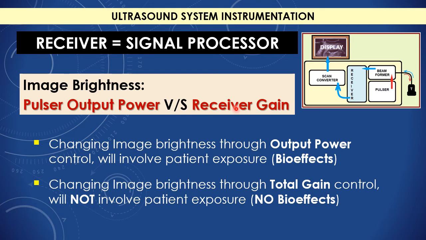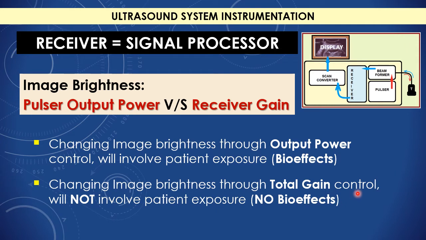What is the main difference between these two? Changing the image brightness through the output power exposes the patient to increased voltages and intensities, and the patient will have what we call a high bioeffect. The opposite happens with the receiver gain. If I increase the brightness of the image through the total gain, the patient is the same.